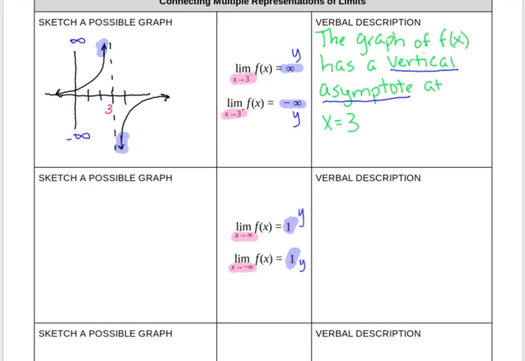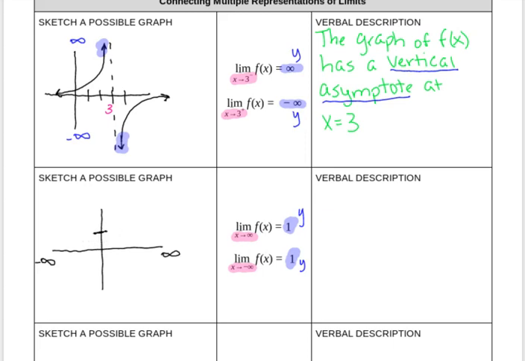So I'm going to go ahead and make my coordinate plane. And I know that my important x value here is going to be this positive infinity, which is all the way on the right, and a negative infinity, which is all the way on the left. The important y value that I need to pay attention to is positive 1.